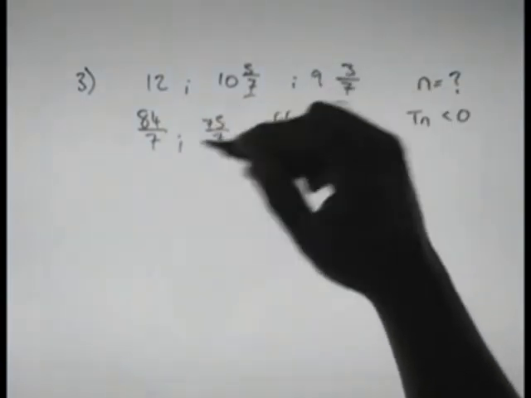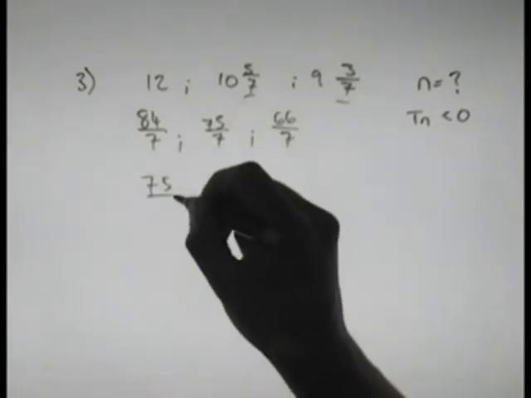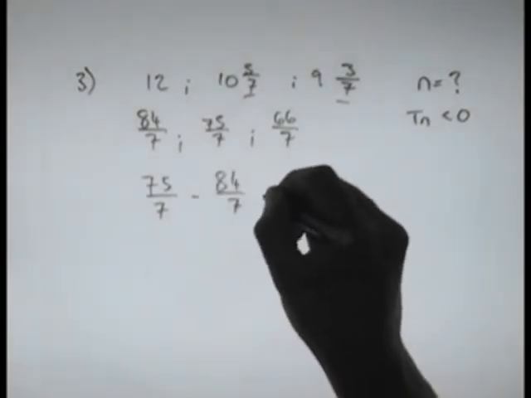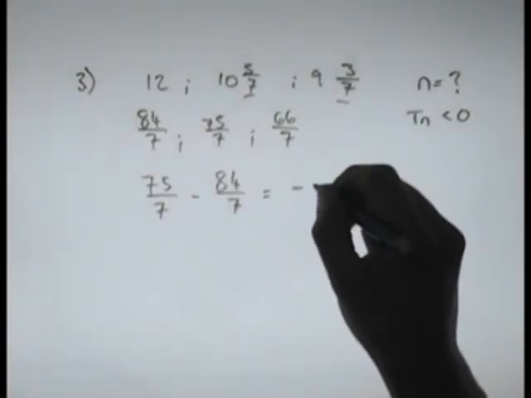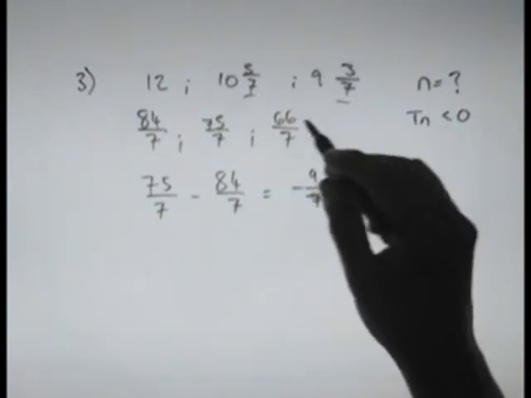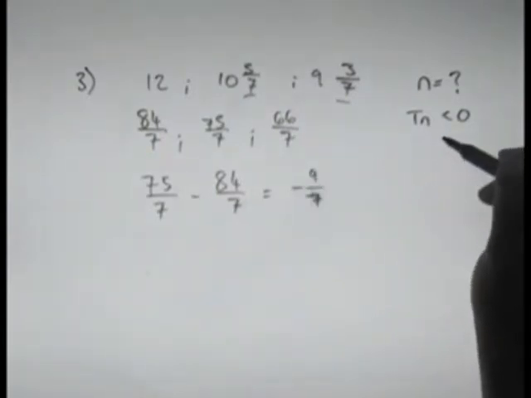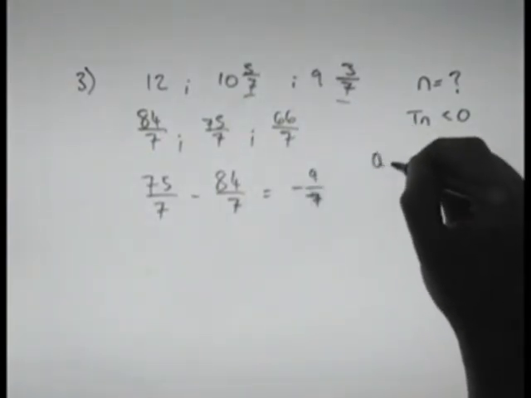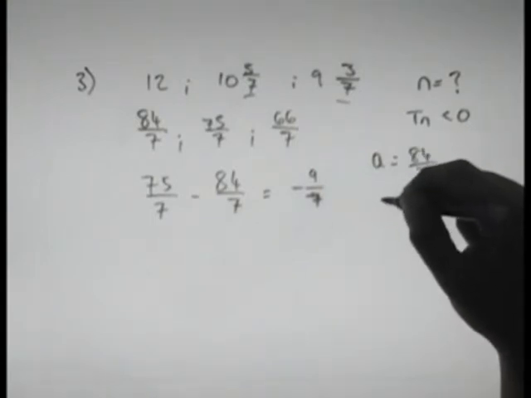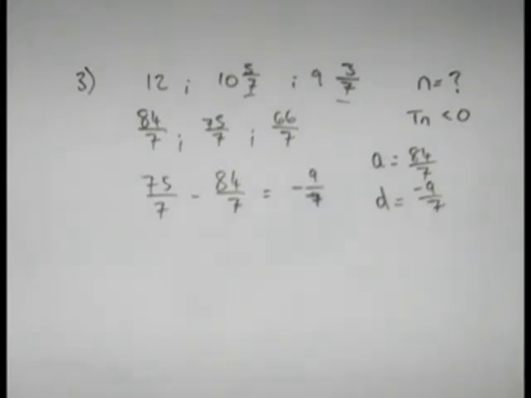This is actually arithmetic, because term 2, 75 over 7, minus term 1, 84 over 7, gives us a common difference of minus 9 over 7. That minus that will also give us minus 9 over 7. That means that this is arithmetic, with a being equal to 84 over 7 and difference being equal to negative 9 over 7.